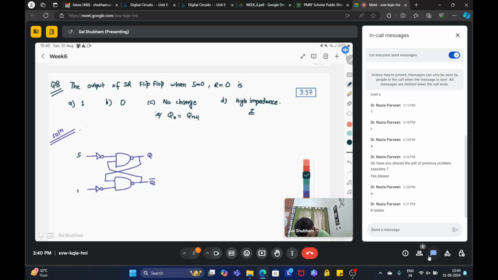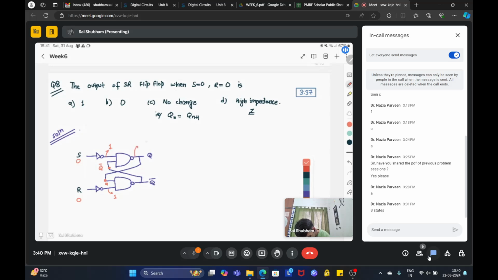So this is S and this is R. In case S is 0 and R is 0, then this point will be 1. This will also be 1, and this node is Q, and this is Q bar.